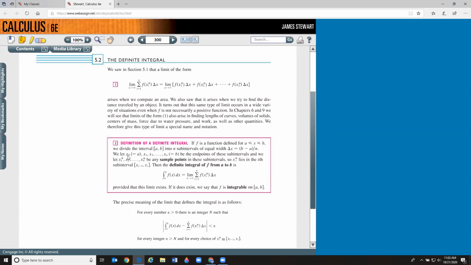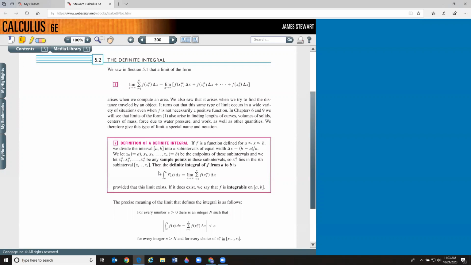They then let x values denote the endpoints of each interval. The first left endpoint will be equal to a, the last right endpoint will be equal to b, and these x sub 1 star, x sub 2 star, etc. are sample points from within each interval.